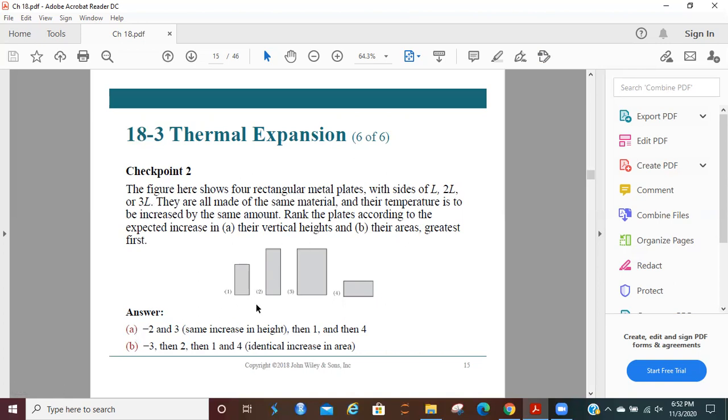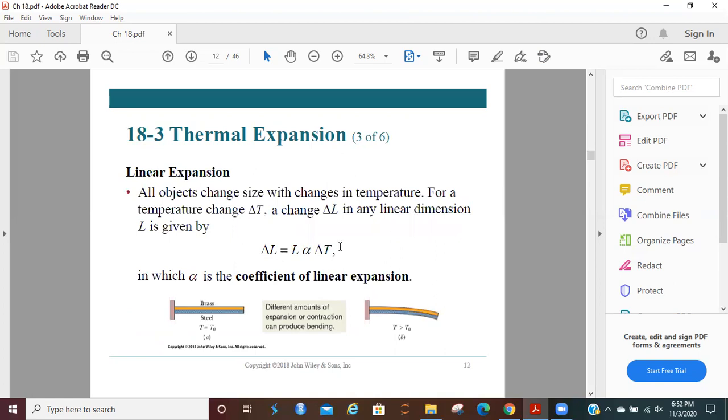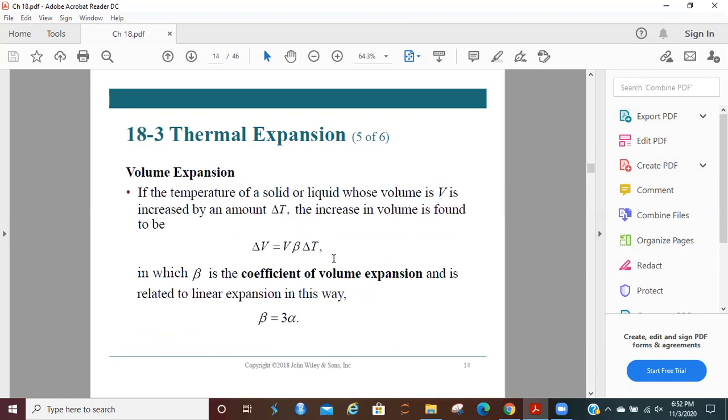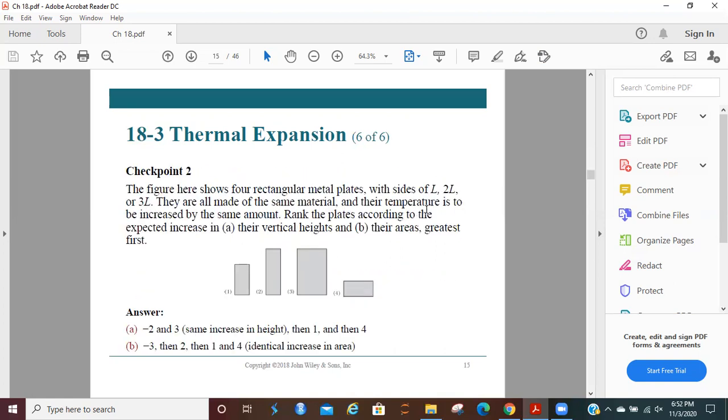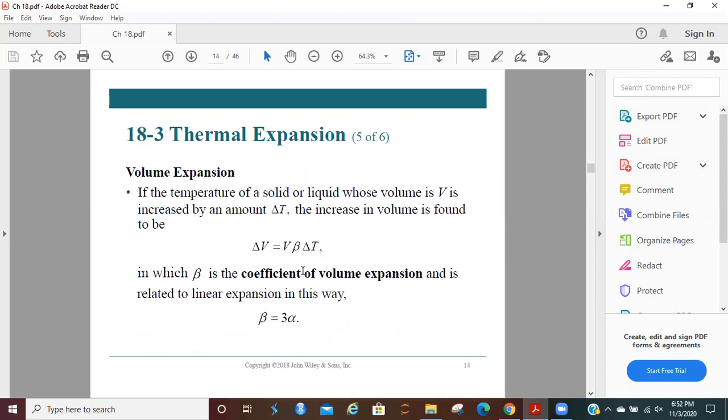So if you look at the vertical heights here, the vertical heights are going to be the same. Now remember, their vertical height change is going to be a function of the change in temperature. The temperature is to be increased by the same amount for all of them, but that change is going to be greater if the length is greater.